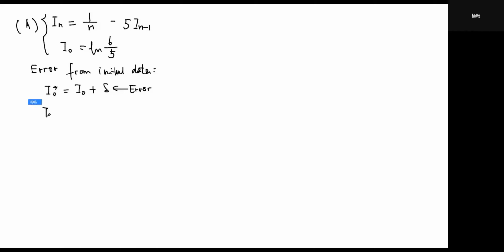So now let's begin the calculation. Now you see I want to compute my I_1 star, that is 1 over 1 minus 5 times I_0 star. So you may see in your computer, if you apply such an algorithm, what you really have is such an approximation of I_0, not the exact I_0.